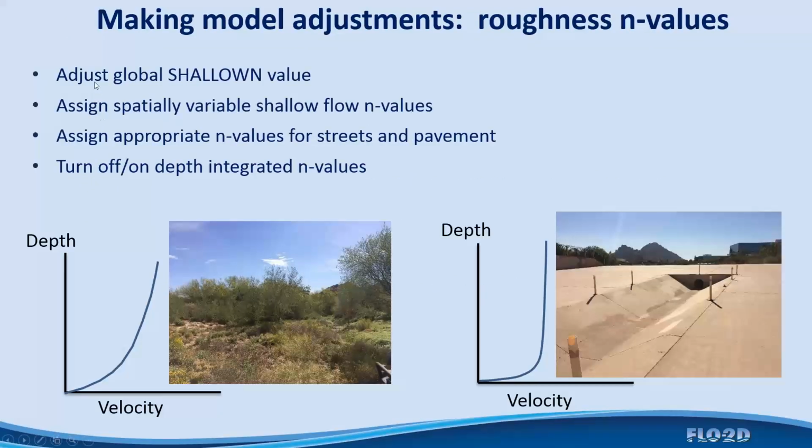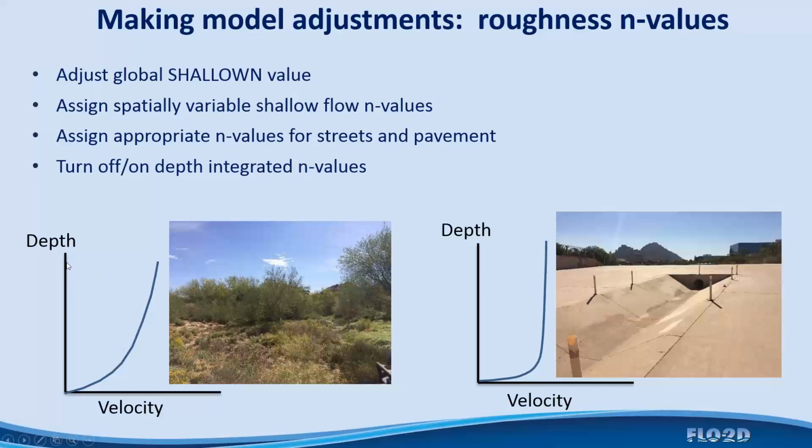So for the roughness, you can adjust shallow n-values globally in the CONTROL.DAT file, assign spatially variable shallow flow n-values, again assign appropriate n-values for streets and pavements, and you can turn off or on the depth integrated n-values in the solution.